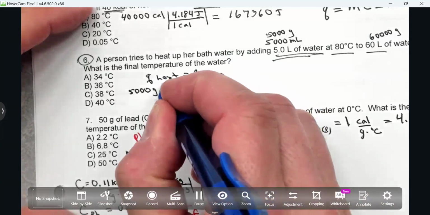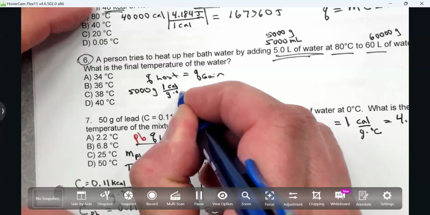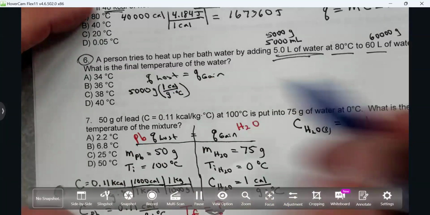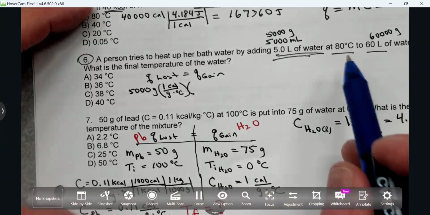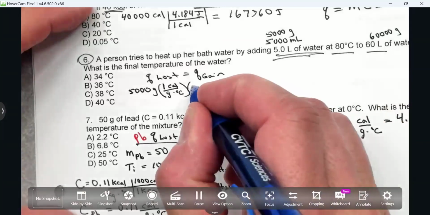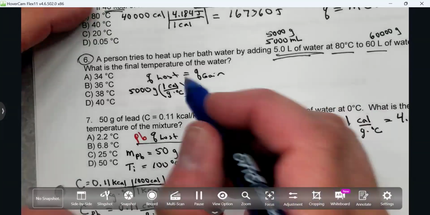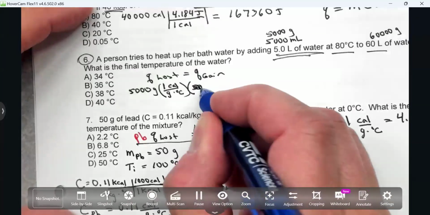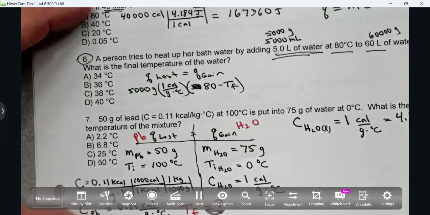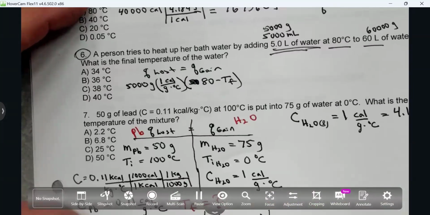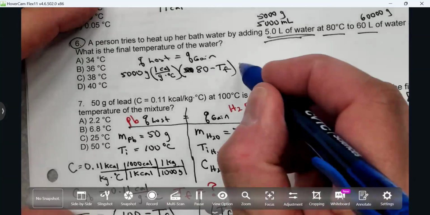So I'm going to put in 1 calorie per gram degree Celsius. And then the temperature change for that hot water: what is the final temperature? That's going to be 80 minus T final. It's going to be less than 80 when we're all done, if that 80-degree water goes into 30-degree water.